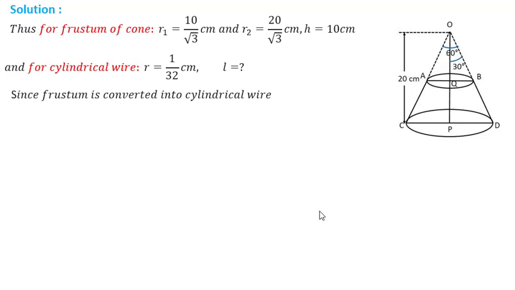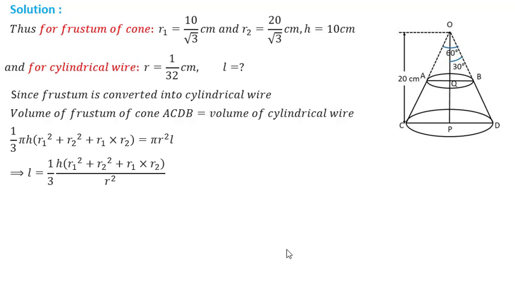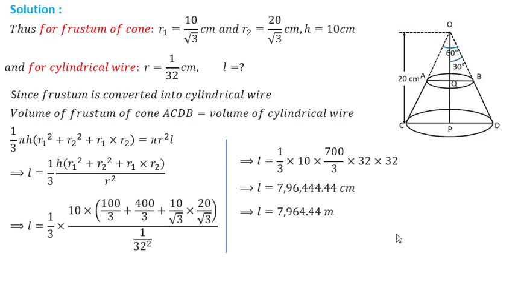Now as this frustum of cone is converted into cylindrical wire, we will say that volume of frustum of cone ACDB is equal to volume of cylindrical wire. Now we will put the respective formulas on both the sides. For frustum of cone, the formula is 1/3 π h (r1 square plus r2 square plus r1 r2) is equal to π r square L. Let us put the respective values, and that gives me value of L, which is 796444.44 centimeter.